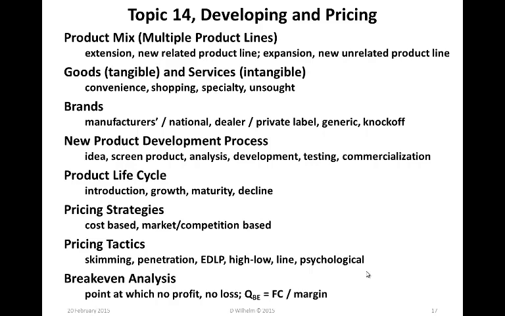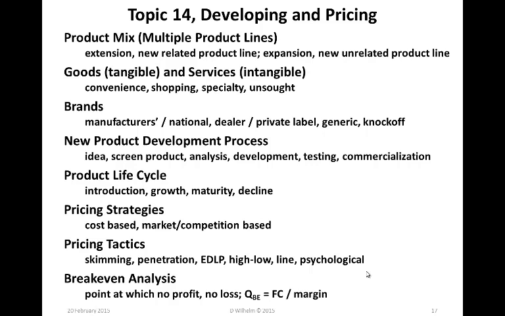Goods are tangible, services are intangible. Convenience goods are those we buy every day. Shopping goods are the ones that we spend a little time thinking and looking for. Specialty goods are those things we've been dreaming about for years, and finally we've decided to possibly buy one, and we are going to do a very thorough job of finding the right one.